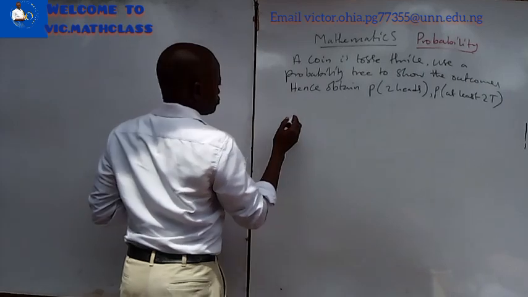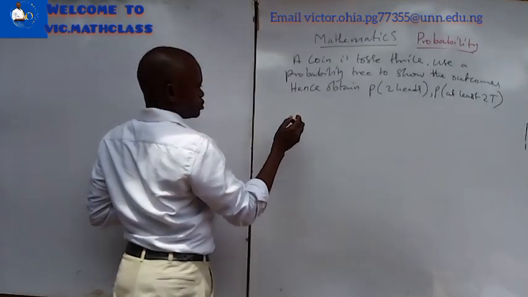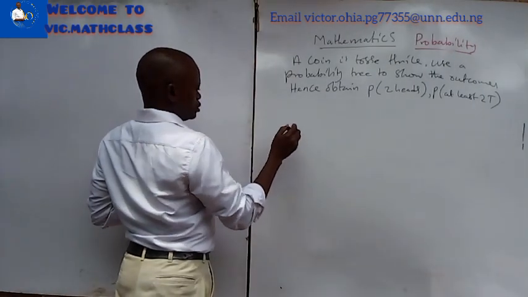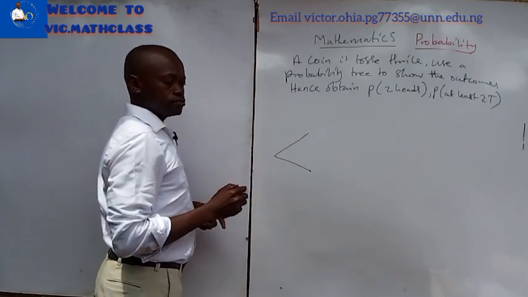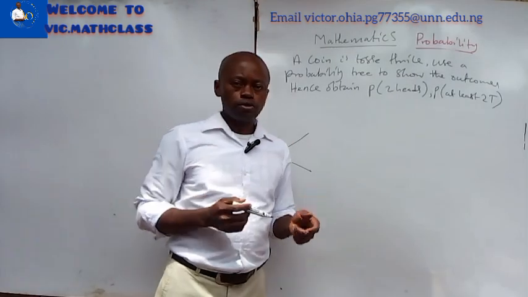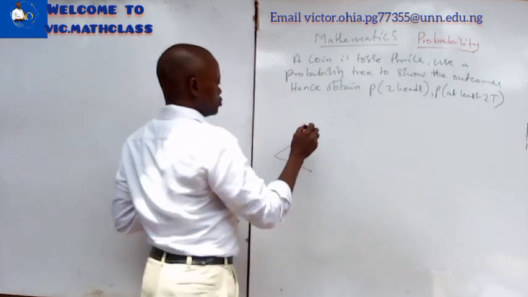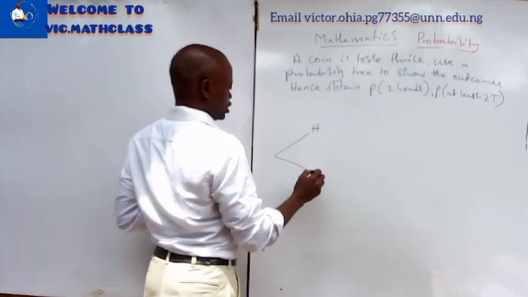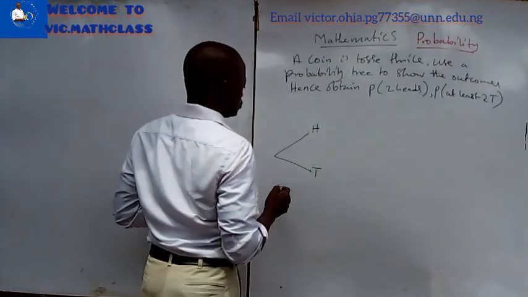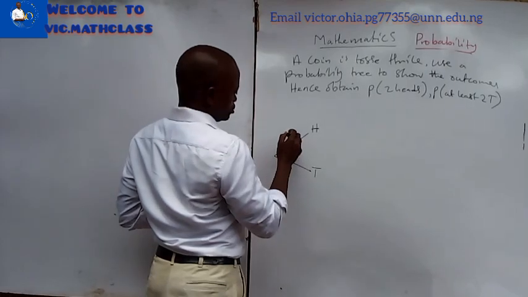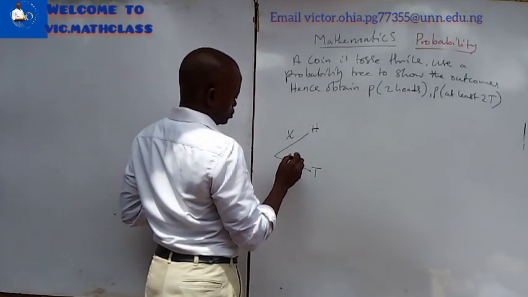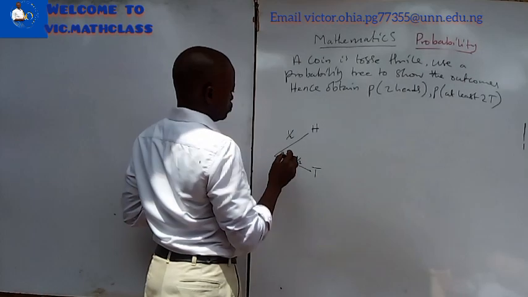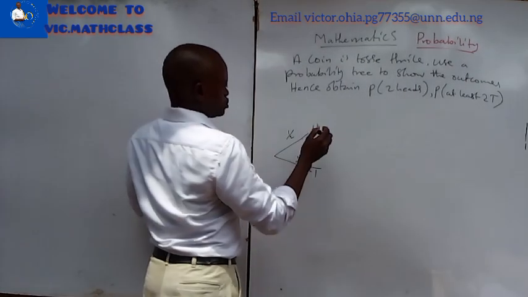So here we have the demonstration, something like this. If we toss this coin, we have two outcomes, either a head or a tail. So we have head, tail. This is the first toss. And recall that each one of them is 1/2, 1/2 as the result of the outcome.